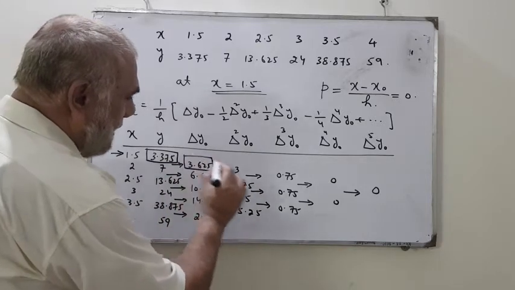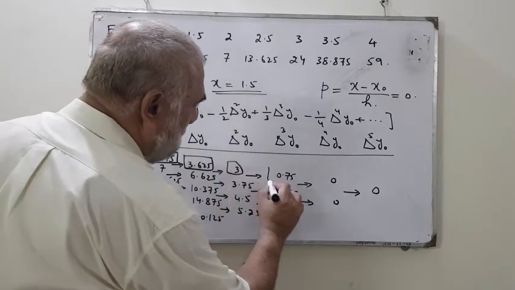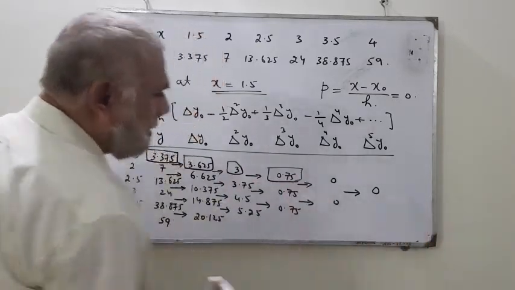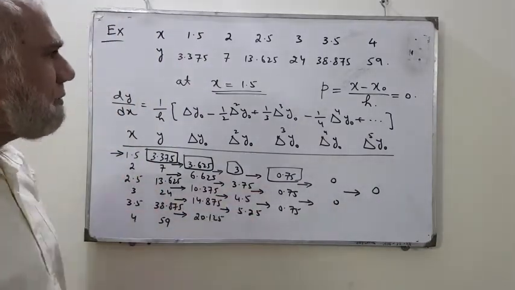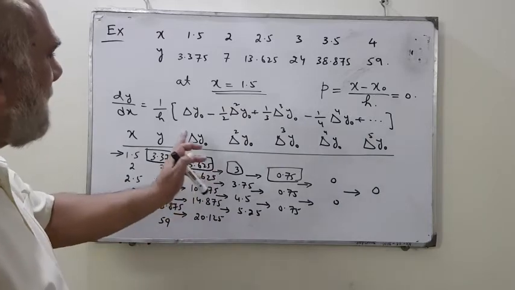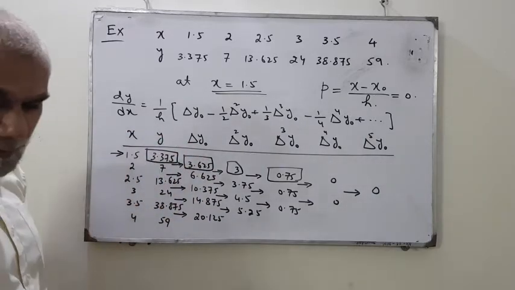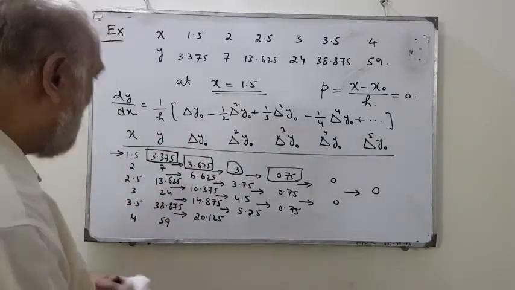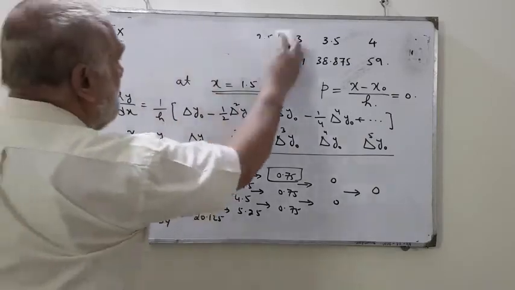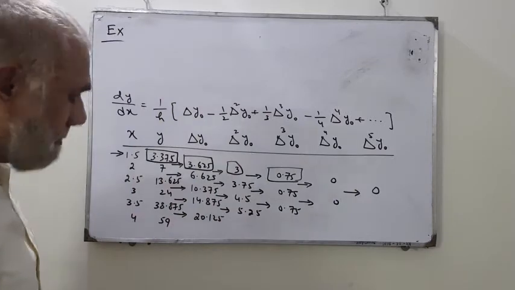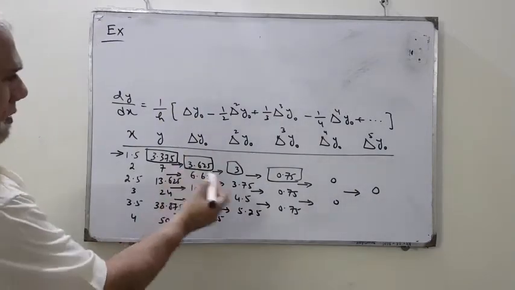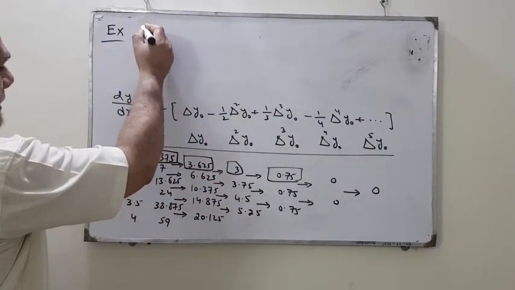These are the values we have to use, and the remaining are 0, so there is no need to put them into the box. We have to separate them to find the first order derivative. So here let me write down the corresponding values which we have to use.